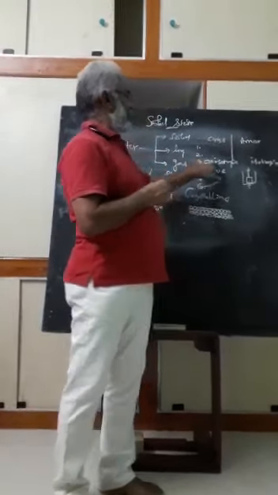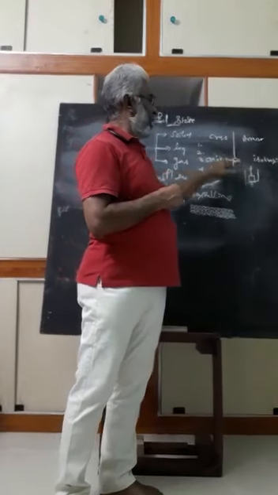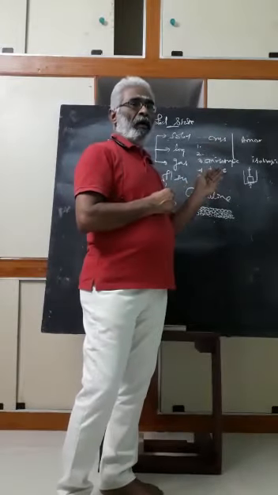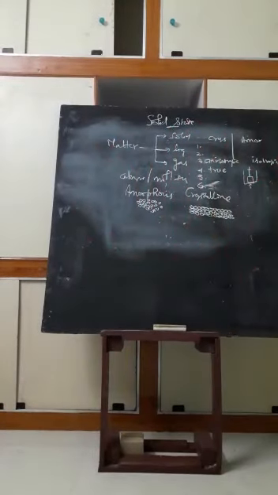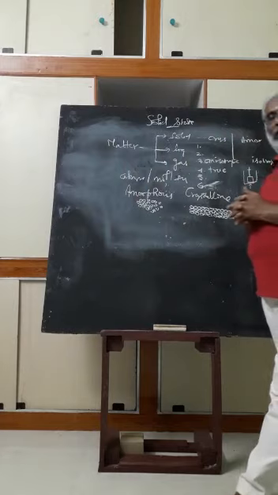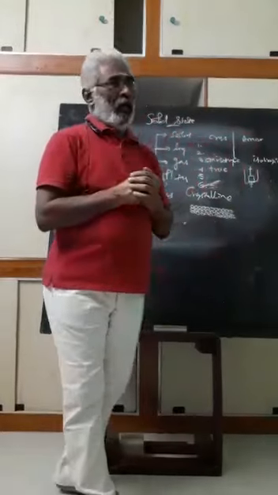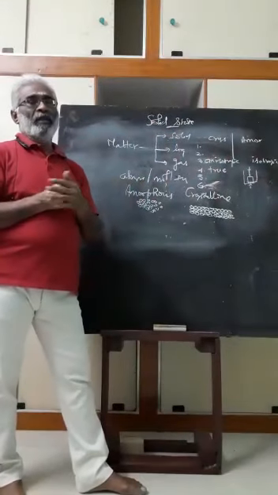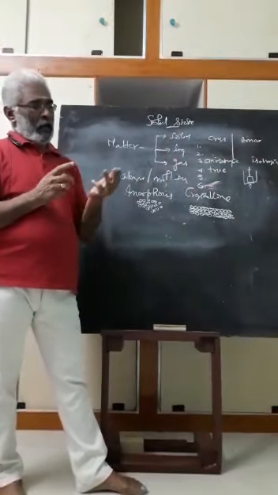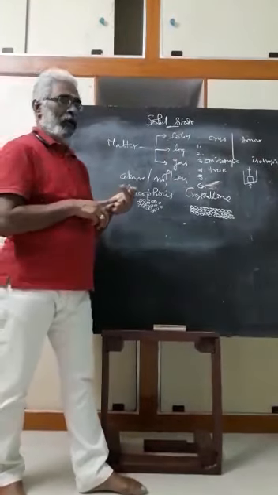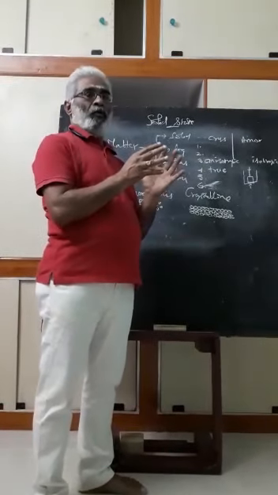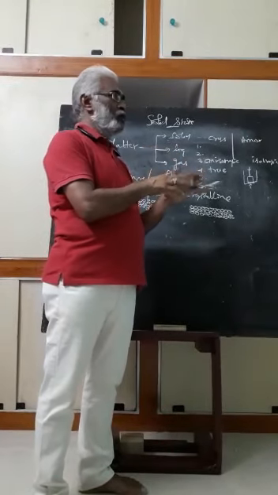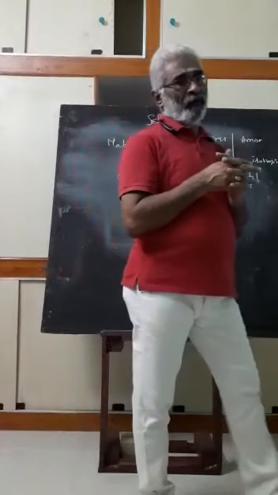In isotropic and anisotropic, what do we mean by isotropic and anisotropic? Isotropic means uniformity in all directions. In solid state, isotropy means if you measure certain physical properties like refractive index or electrical conductance in a solid, and it shows the same value irrespective of the direction in which you measure, it is called isotropy.